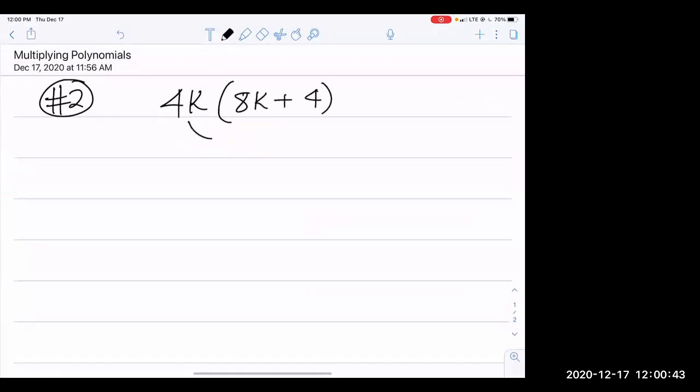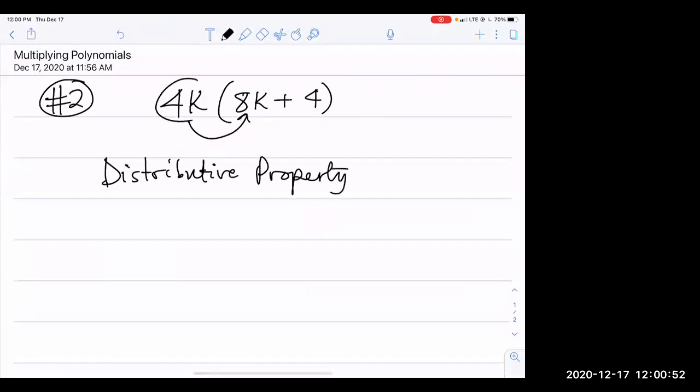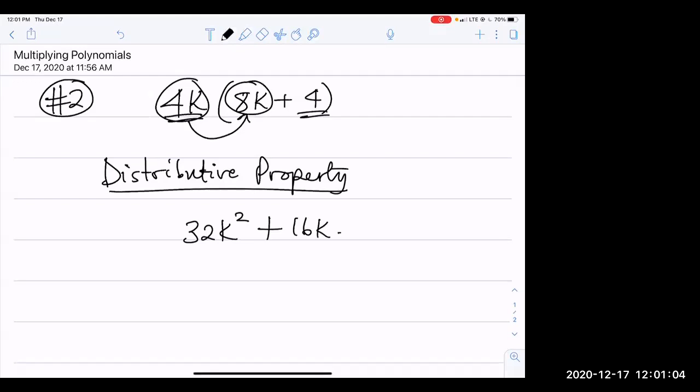So we can multiply using the distributive property, right? 4k times 8k would become 32k squared, and then 4k times 4 will become 16k. So notice that when we distribute, we're doing the opposite of factoring, right?